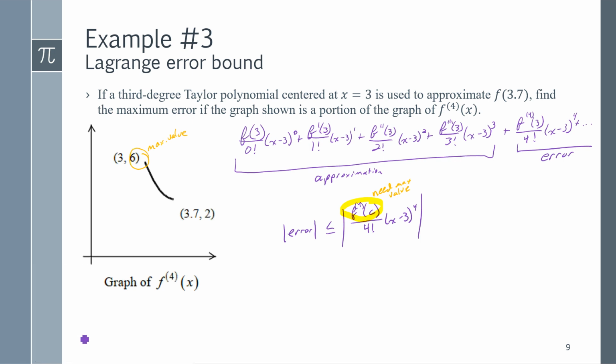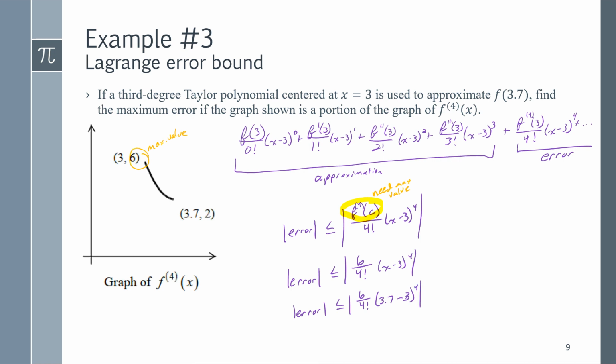So I can say that the absolute value of my error is going to be less than or equal to the absolute value of 6 over 4 factorial times x minus 3 to the fourth. But they tell me that this is for when I'm plugging in 3.7 for x. So the absolute value of the error is less than or equal to 6 over 4 factorial times 3.7 minus 3 raised to the fourth.